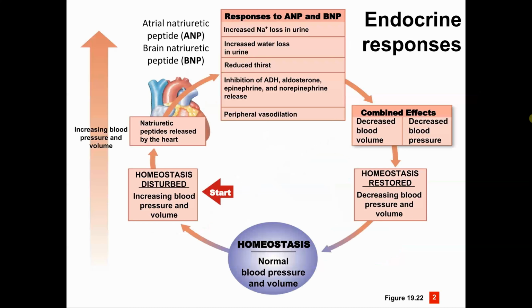And what they do is they increase sodium loss in the urine, water loss in the urine, reduce thirst, inhibit ADH, aldosterone, epinephrine, norepinephrine, and cause peripheral vasodilation. So pretty much the exact opposite thing that renin does. So you're going to lose more fluid, you're going to lose more solutes through excretion, and then that's going to decrease blood volume and therefore blood pressure.